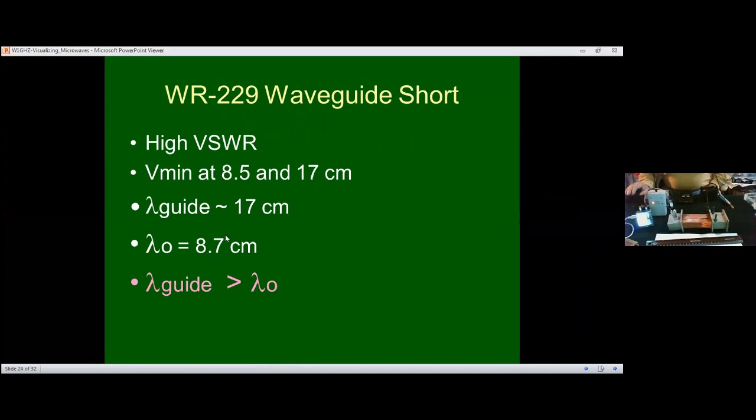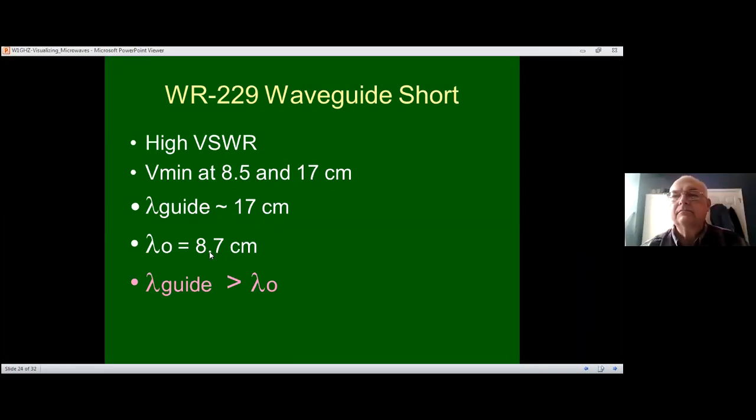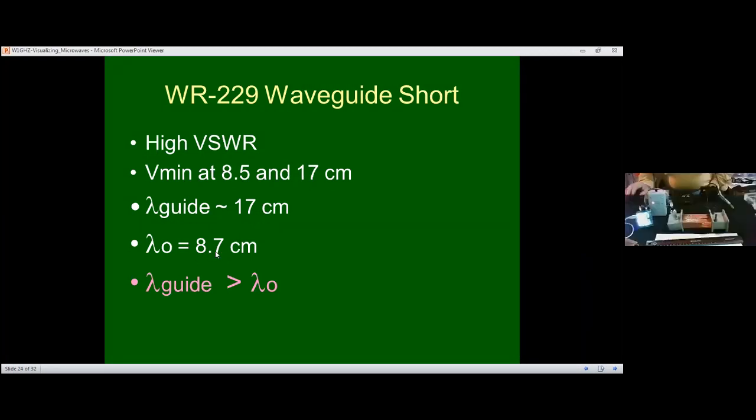So in the guide, it's a 17 centimeter wavelength, and in free space, it's 8.7 centimeters. So the wavelength in guide is longer than the wavelength in space. And what's that mean? Well, your first thought should be, that's going faster than the speed of light.